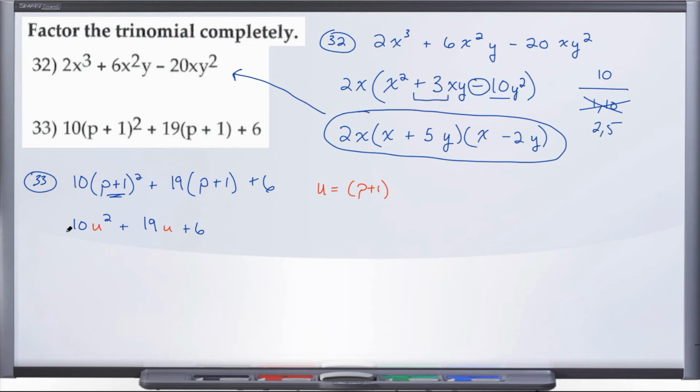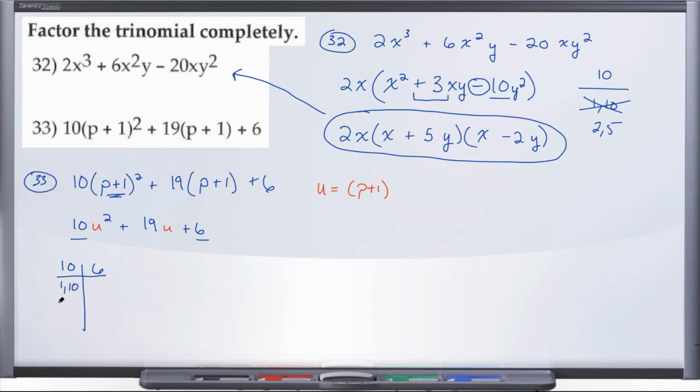And now we have something, don't we? A trinomial that looks relatively benign, something like we're used to working with. So let's go ahead and work with it, just like we've been doing. We're going to look for factors of 10 and factors of 6 that add to give us a positive 19. So what are the factors of 10?